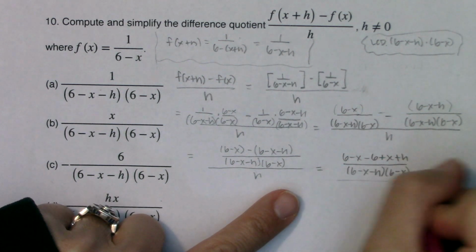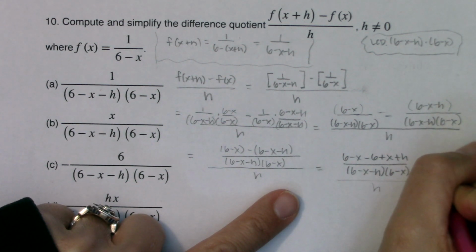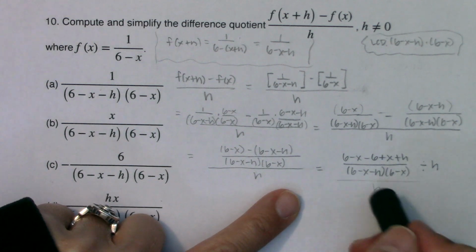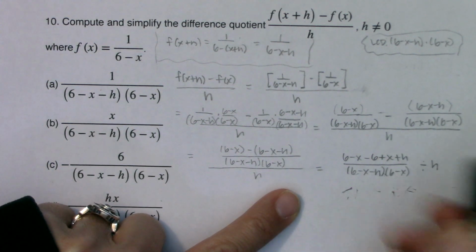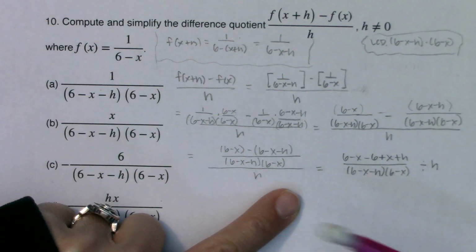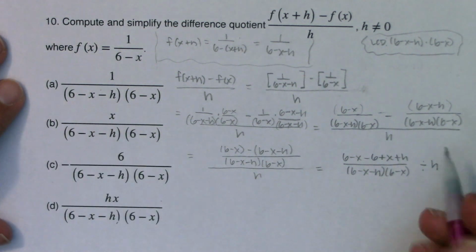Now I could write here divided by h, right? But I'm just going to write it this way so we can start to see the algebra involved, okay? Because when I divide by h, on my next step, I'm going to be multiplying by 1 over h, multiplying by a reciprocal, okay?